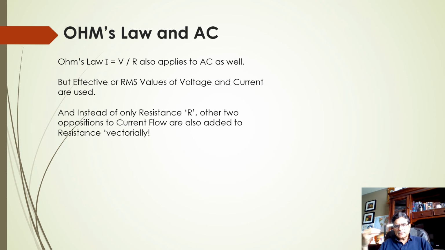They have two other restrictions that oppose the flow of current or the voltage, and those two oppositions are also added to the resistance using the vector method. This is something that we can talk about in another video. So in AC circuits, the resistance is there, but there are two other types of resistances, or reactances, that affect the flow of current in AC circuits.